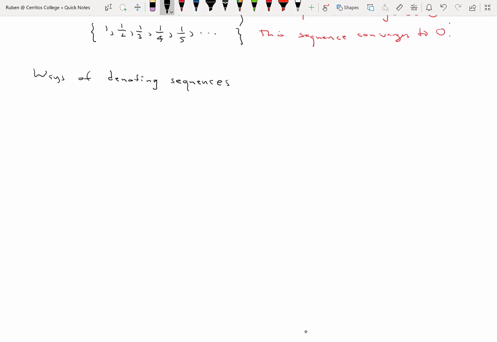Let's consider the sequence 1, 1/2, 1/4, 1/8, etc., the sequence that represents the orders that the waiter took from the guy on the date. One way to list a sequence is to list the terms the way the waiter in the restaurant saw them, as a list, using braces to enclose the terms in the sequence.